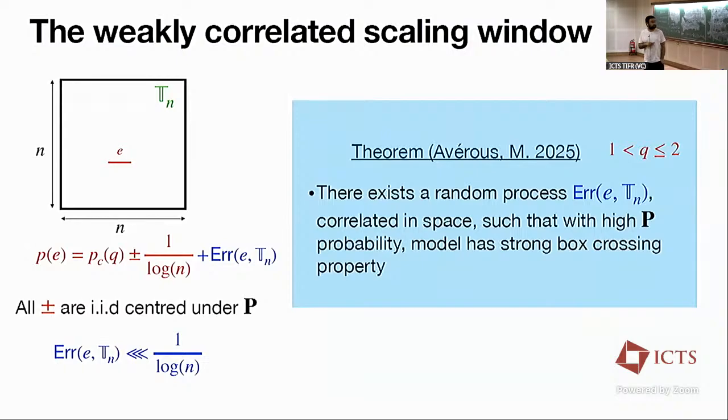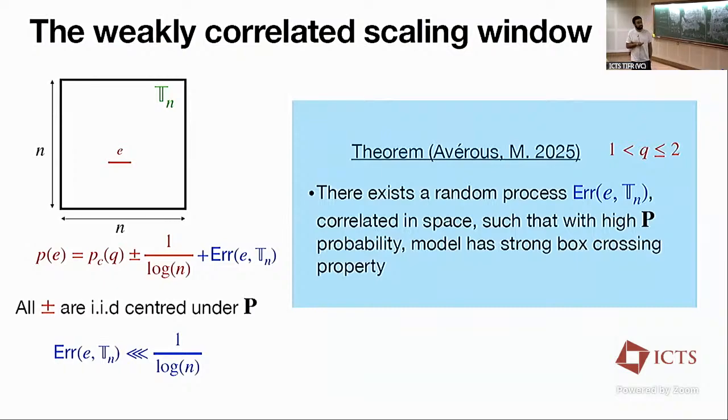If you put p_c plus minus 1/log n, you can find the correct random process, which is obtained by an SDE, and which is correlated. So it's not independent. The law of two edges is not independent. They're slightly correlated in space, but this is much smaller than 1/log n.